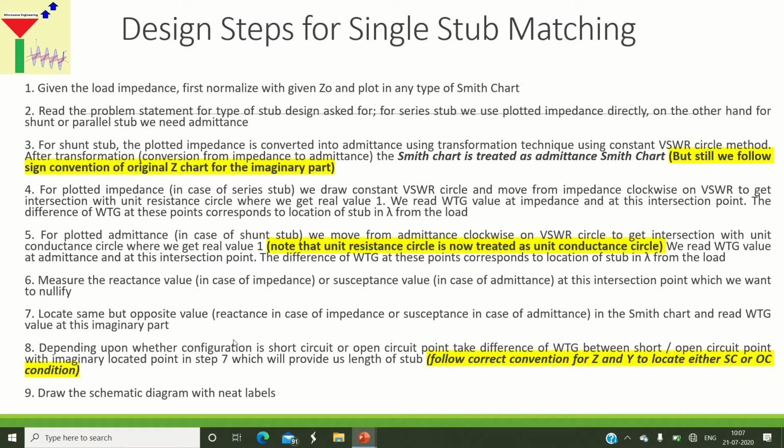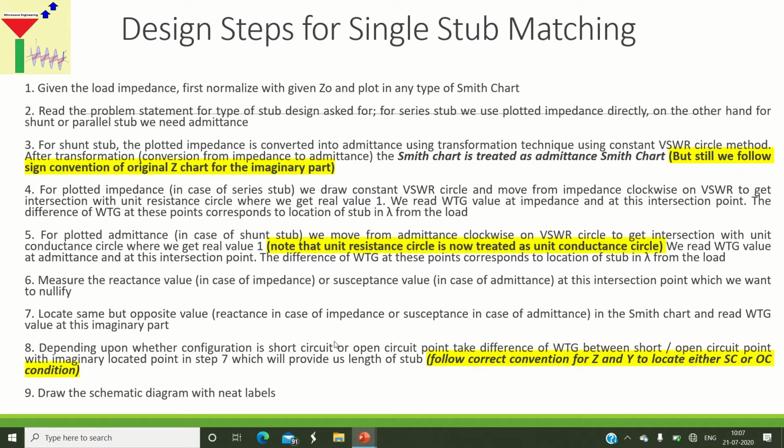Then depending upon what type of configuration is asked, whether short circuit or open circuit, we will calculate the location of this particular point with the given open circuit or short circuit configuration. So we will follow the correct convention for Z and Y in order to locate either the short circuit or open circuit condition. In the next slide, we will see how to follow the sign convention for short circuit and open circuit situations, for both impedance and admittance.